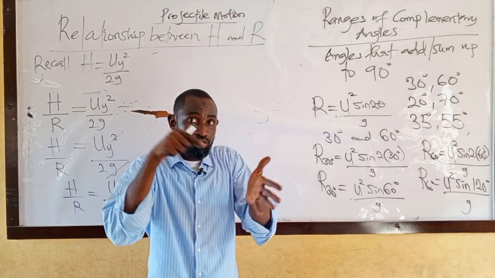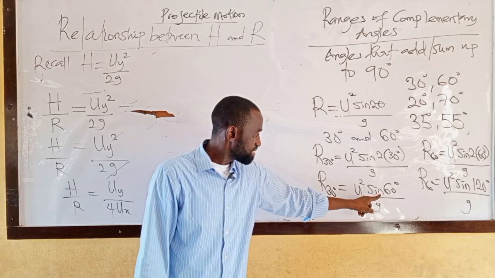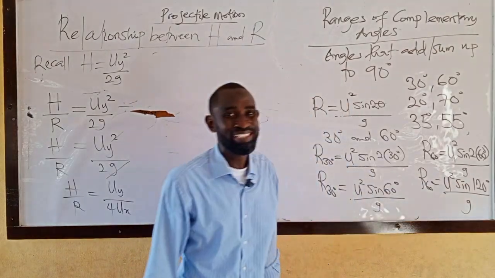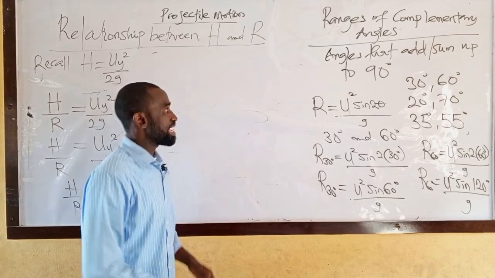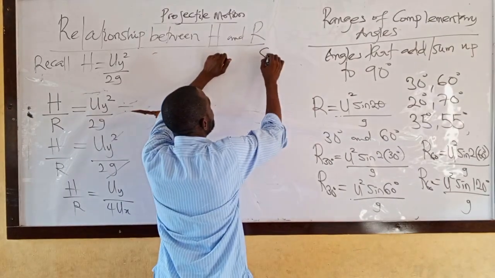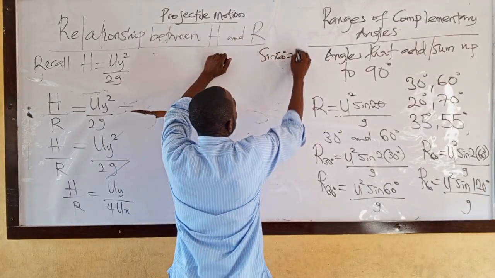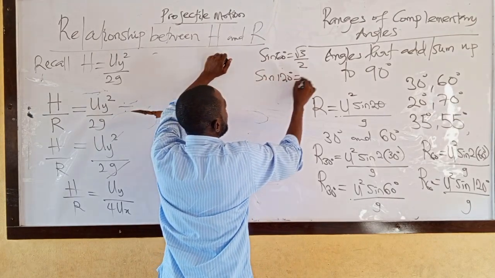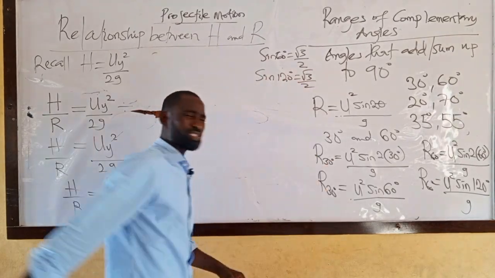Now, when you punch your calculator, sin 60 and sin 120 are the same thing. Sin 60 is root 3 over 2, and sin 120 is root 3 over 2. So what can you say about this?